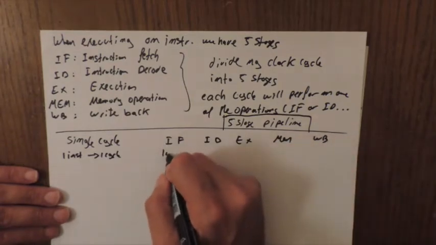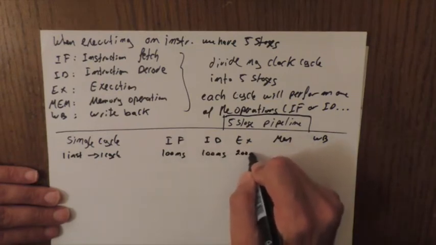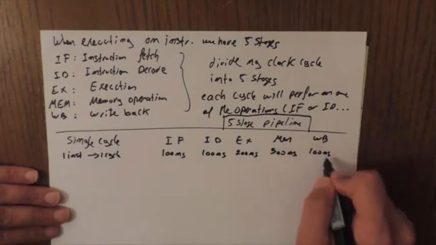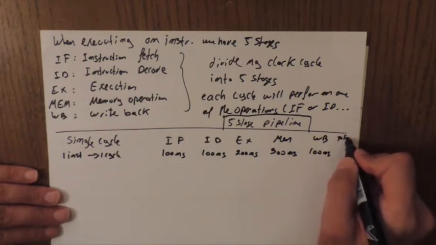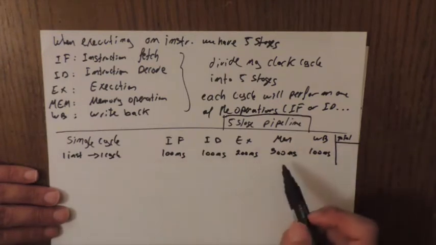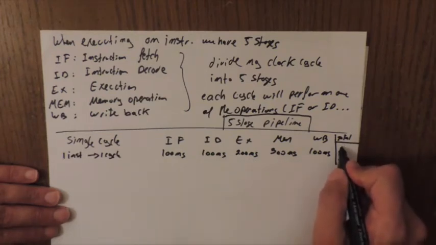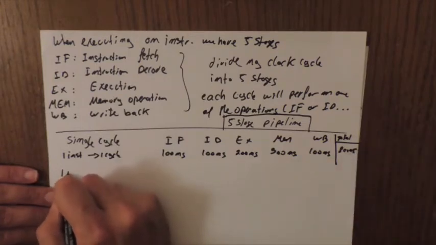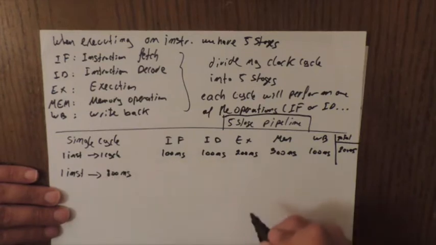So let's say this takes 100 nanoseconds, this takes another 100, this takes 200, and again 300 nanoseconds here, and this is 100 nanoseconds. So typically the total time, I want to calculate the total, so the time it takes to execute a single instruction will be 200, 400, 500 and 800 nanoseconds. Okay, so one instruction takes 800 nanoseconds.